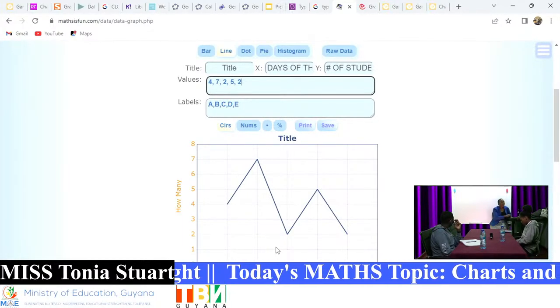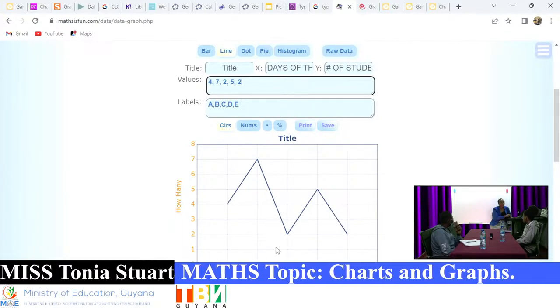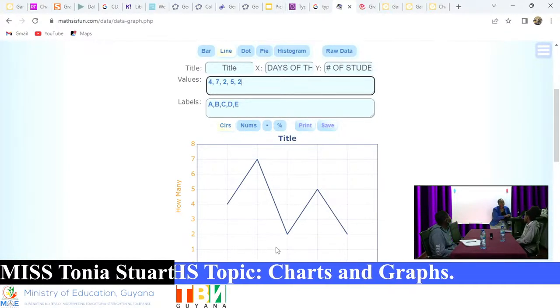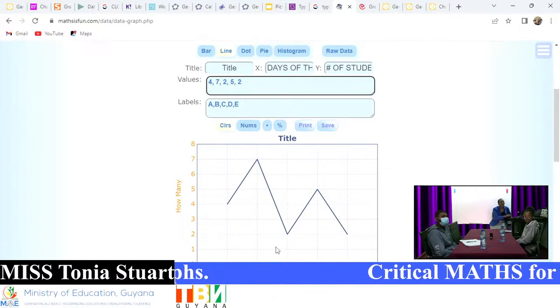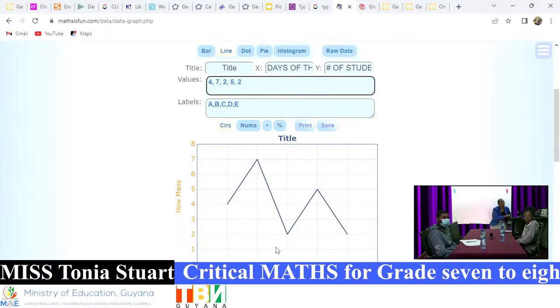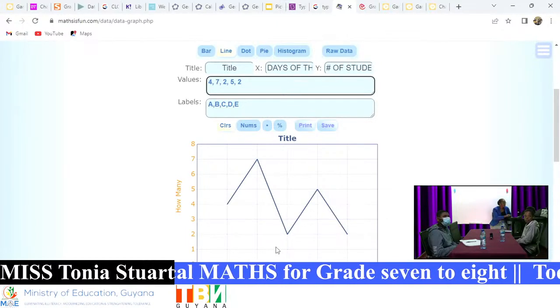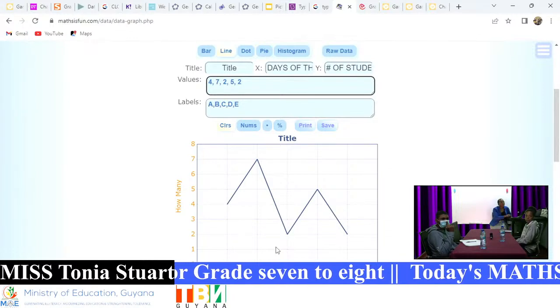All right, we can say one line going up, because remember it goes up and it might come down. But it kind of creates a pattern also. On Monday we had 4, and more persons came on Tuesday, but look how many stayed home on Wednesday.